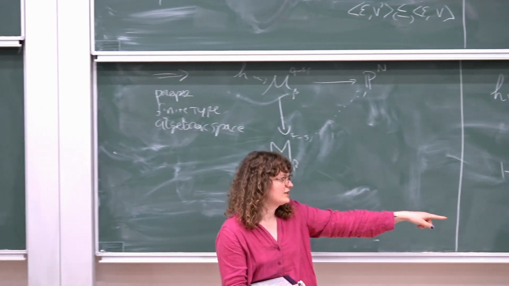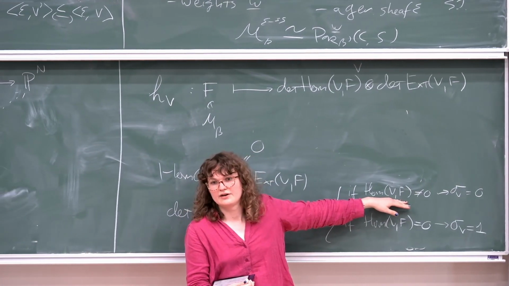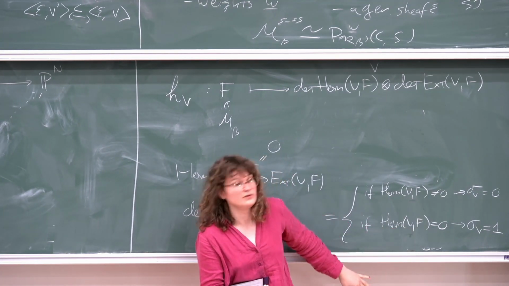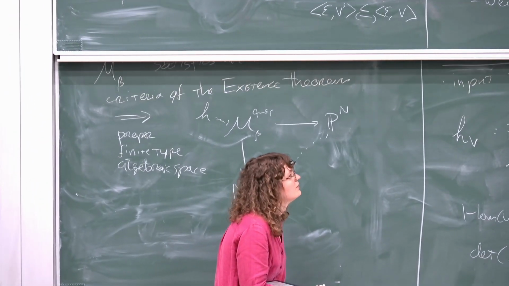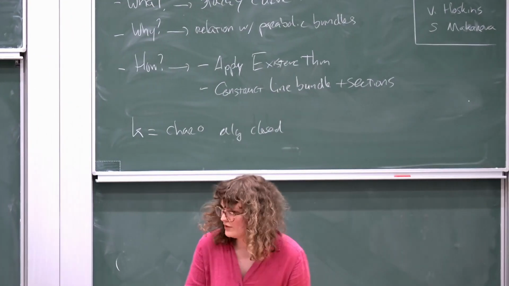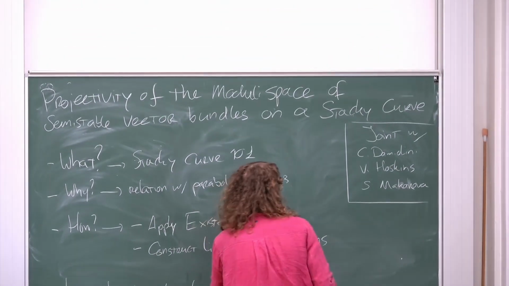So we've constructed a section which vanishes exactly on the sheaves where Hom(V,F) is non-zero, and it is non-vanishing whenever this Hom is 0. Okay. So that's one section down. Now we need to find lots more sections.